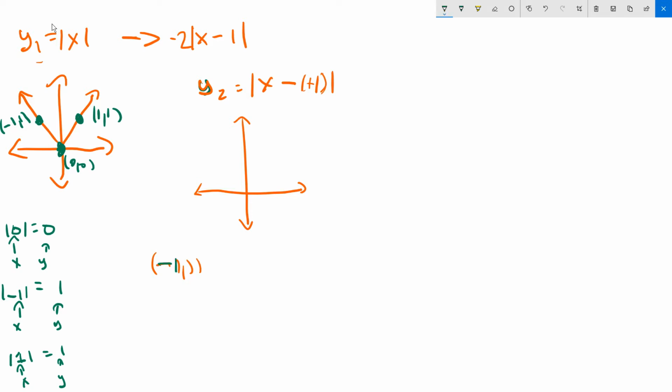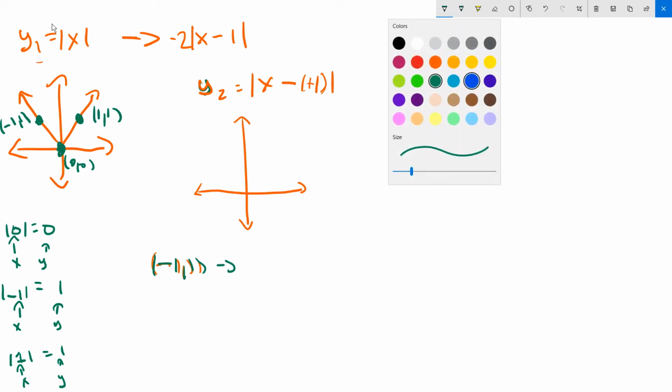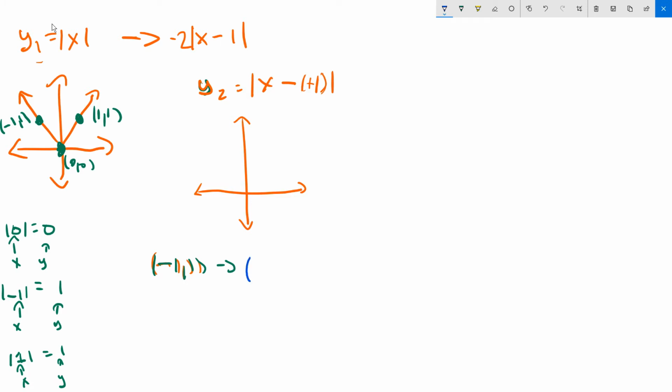I'm taking this -1, 1 from the basic parent graph, and I'm going to transform it into a new point. I do that by doing -1 plus 1. You see that? I'm adding 1 to the x-coordinate. The y-coordinate is not changed. It's still 1. So the new point is 0, 1. And I mark it up here on the graph.